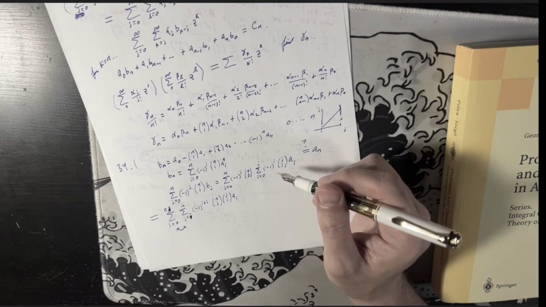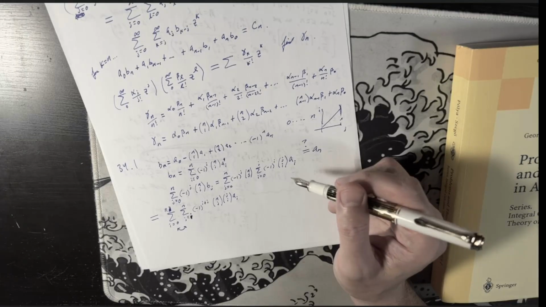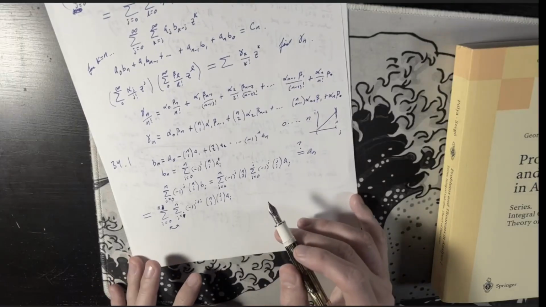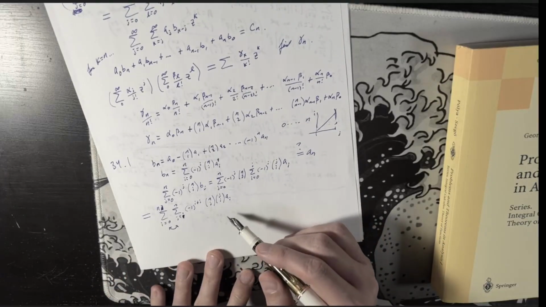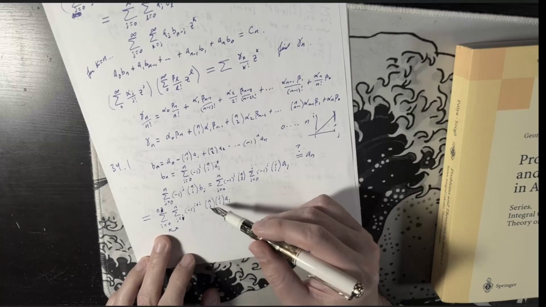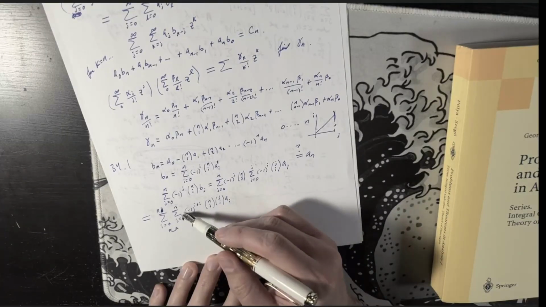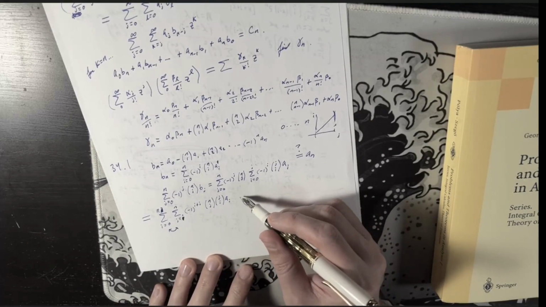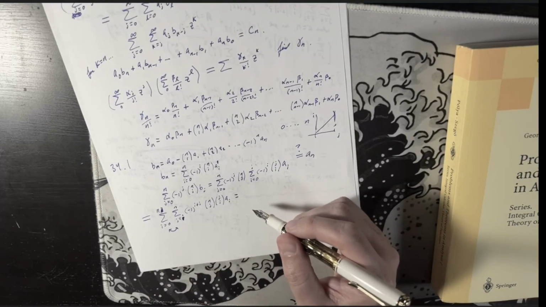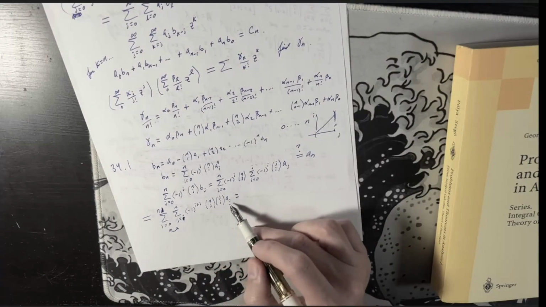Don't know if that's going to help me. I'm just poking around. So what I was going to say is there is a term when i is n. When i is n, j is also n, right? So this is gone, and you're getting just 1.